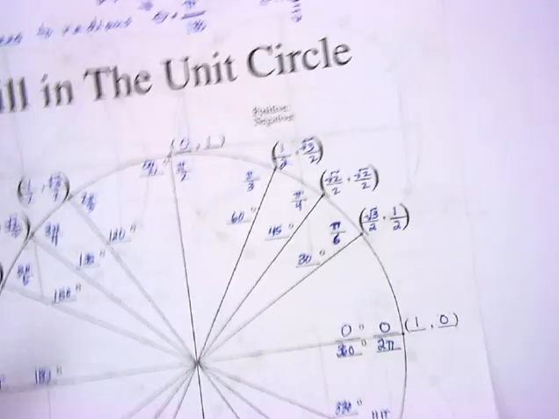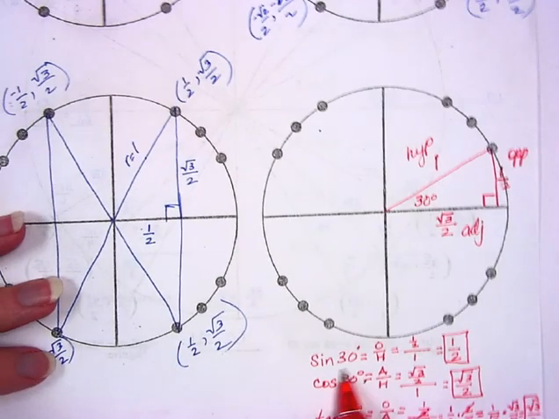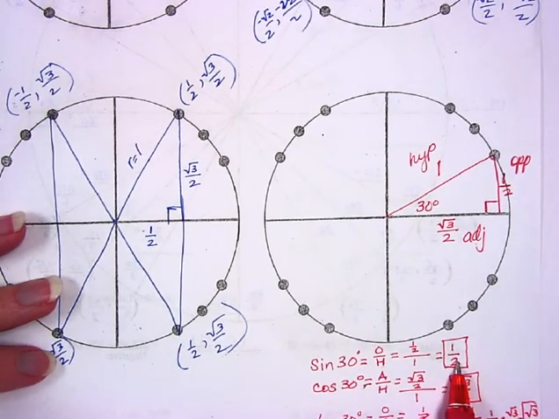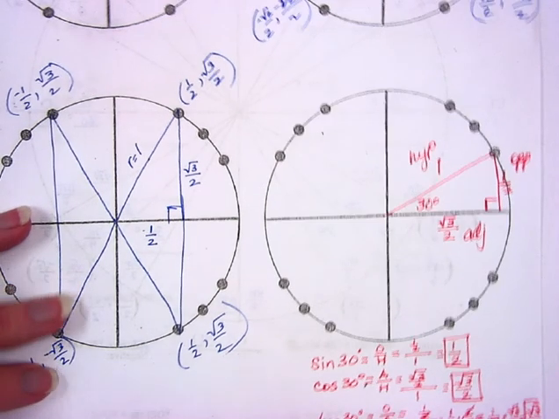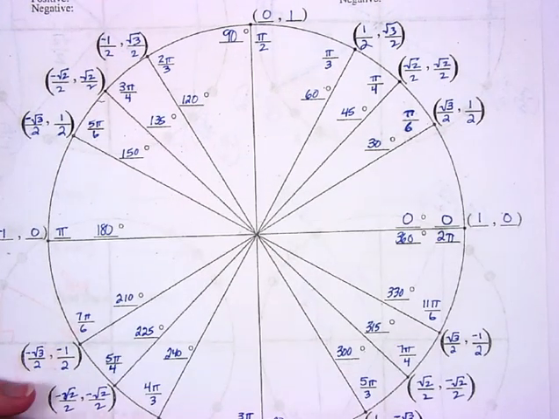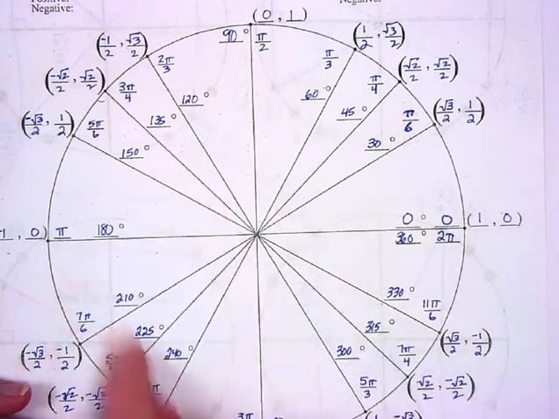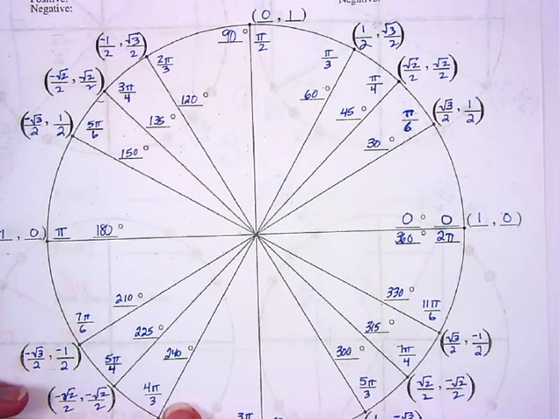But now that we've added our trig component to it, we know that sine is opposite over hypotenuse, so that's 1/2. Cosine of 30 degrees is adjacent over hypotenuse, so the square root of 3 over 2. So these values here are the values of sine and cosine for all of these different angles. They're the exact values.